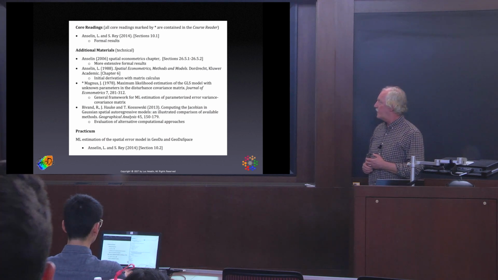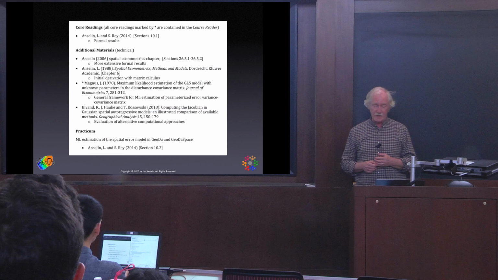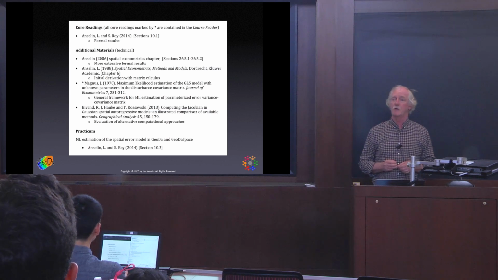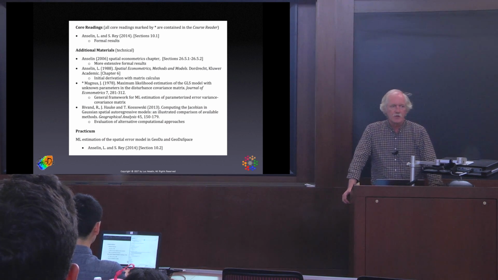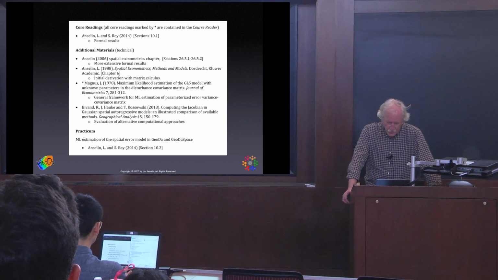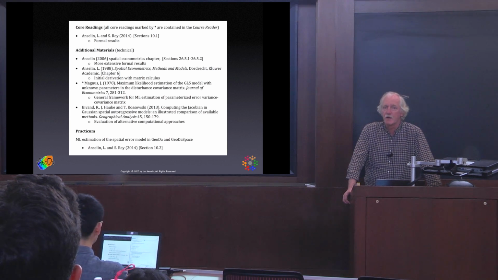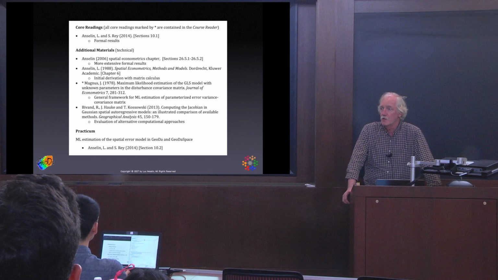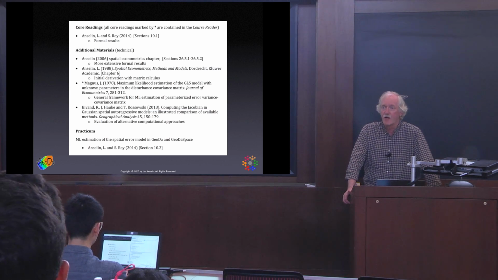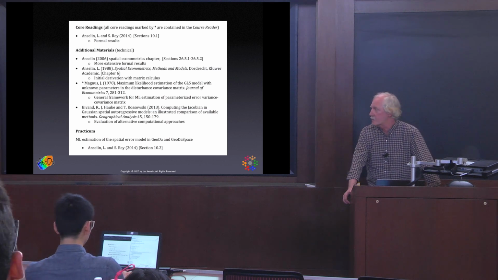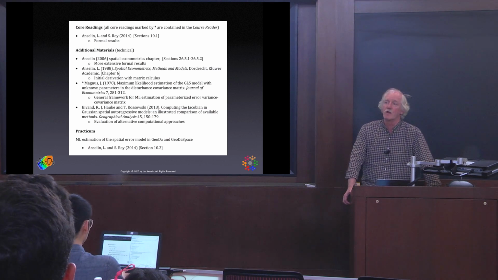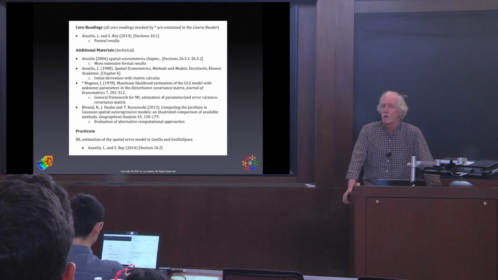The Magnus paper is a classic paper in the Journal of Econometrics that lays out general approaches to estimate error variance covariance matrices that are a function of other parameters. The spatial case is a special case of that, but this approach has been used in a lot of other cases as well, such as variance components and multi-level models.